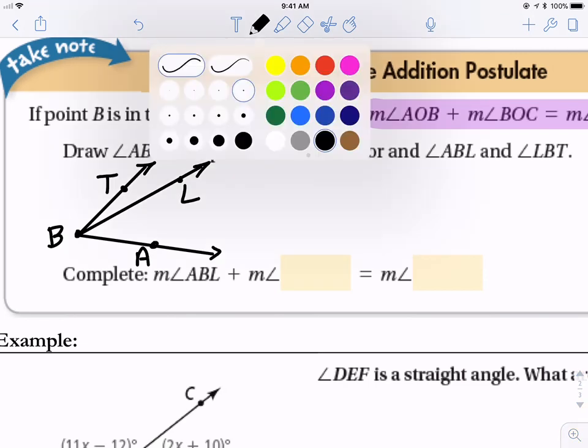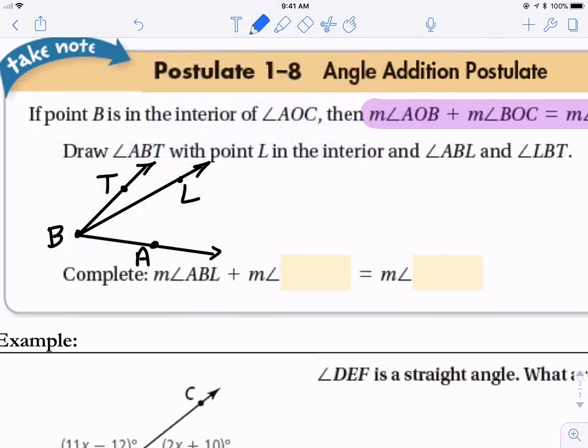Okay, and then the angle addition postulate would say that the measure of angle ABL plus the measure of angle LBT is equal to the measure of angle ABT.